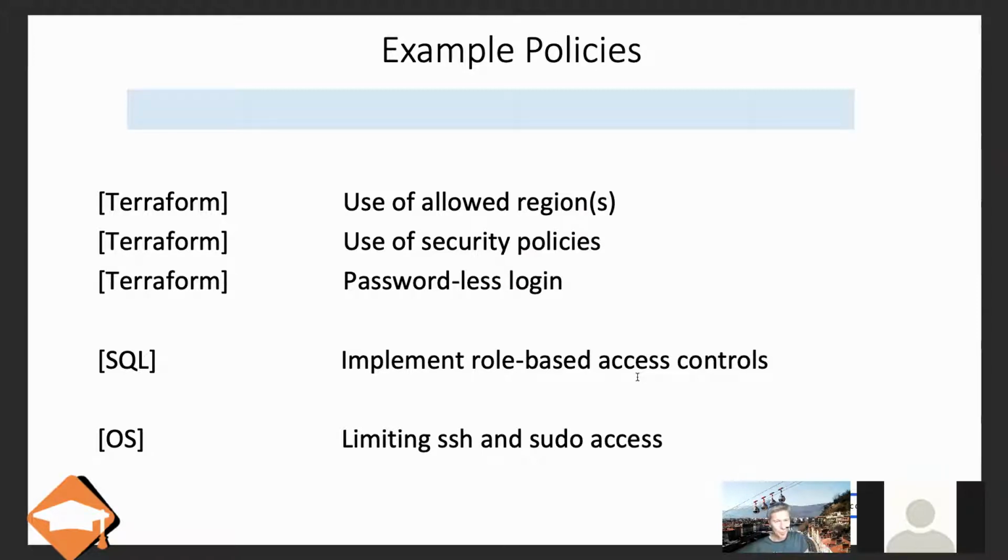And then some other more random examples. Terraform: if you're doing an AWS EC2 config with Terraform, you might want to check what regions are being used, limit those, and check that the security groups, not security policies, mixing my metaphors there, are compliant to whatever rules you make.